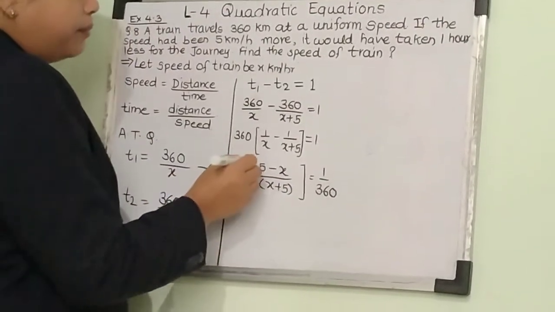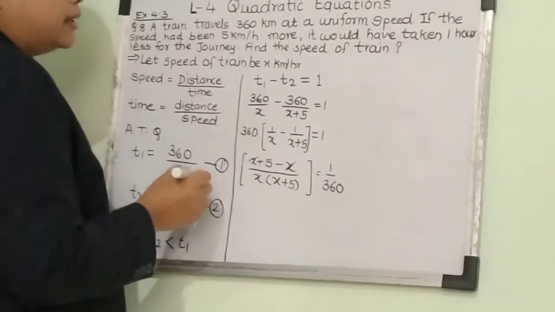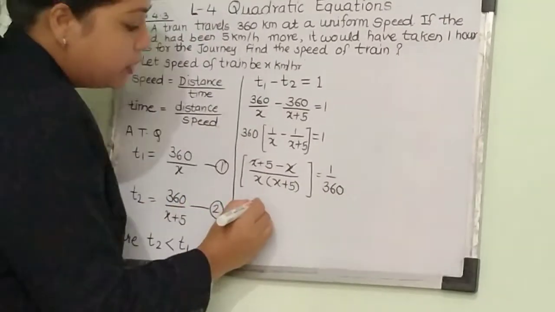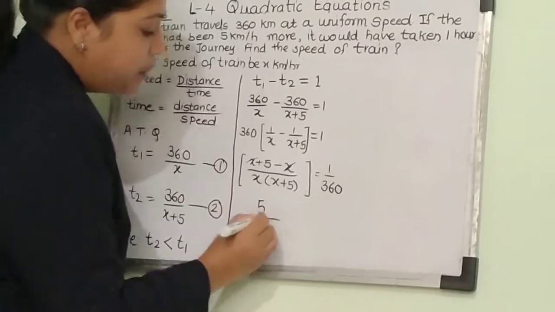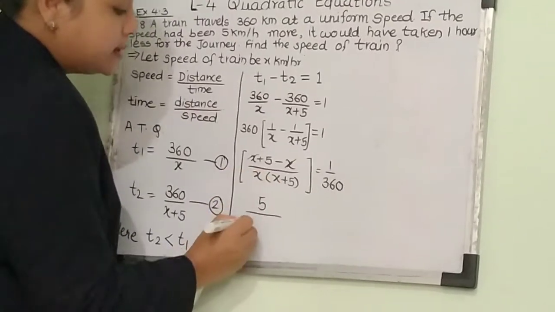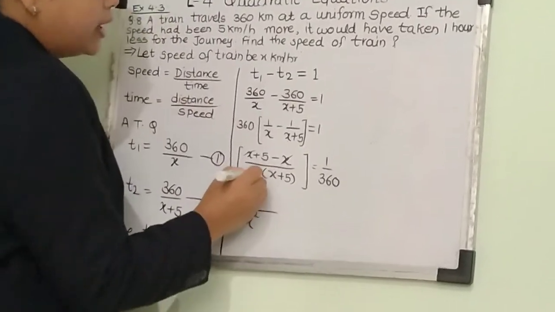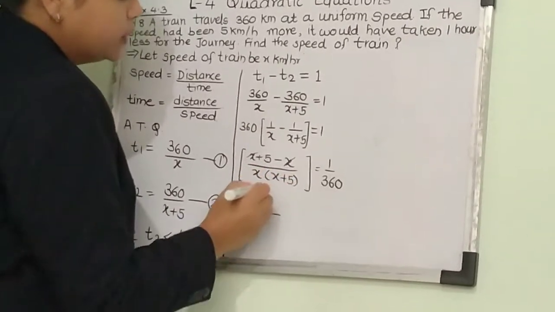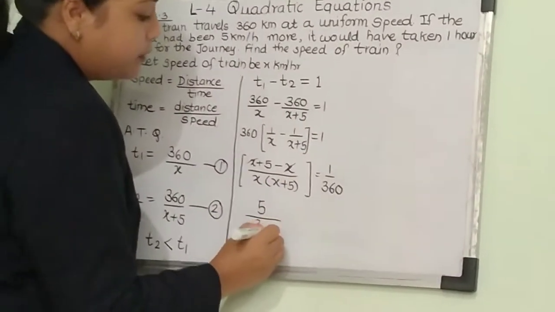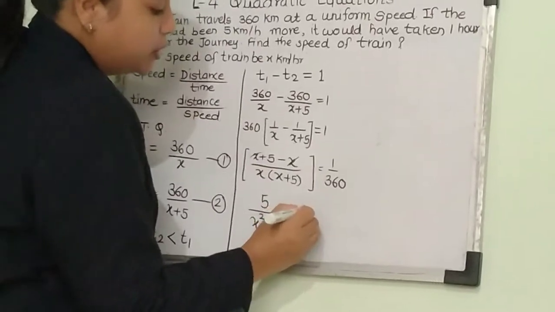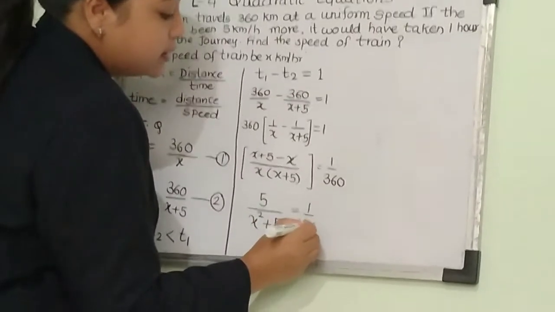Here plus x and minus x get cancelled. So what is left is 5 upon x into x, that is x square, and x into 5, that is 5x, equals 1 upon 360.